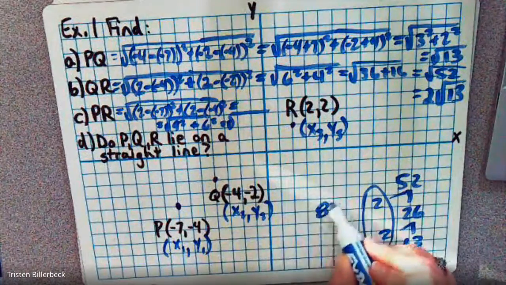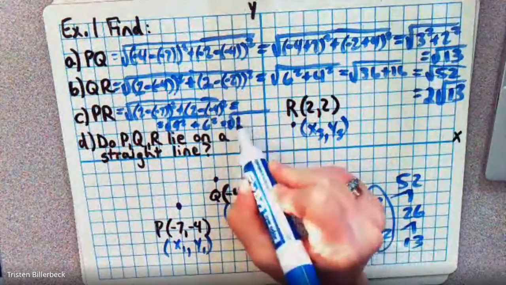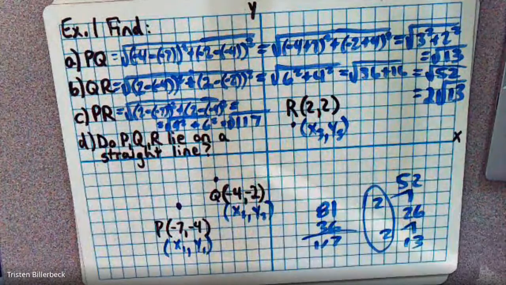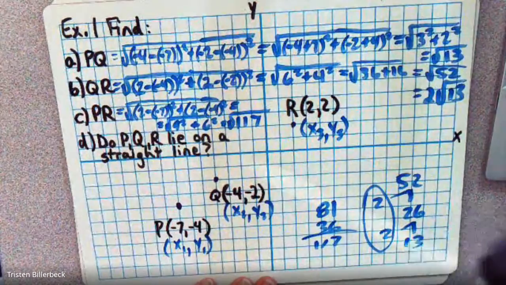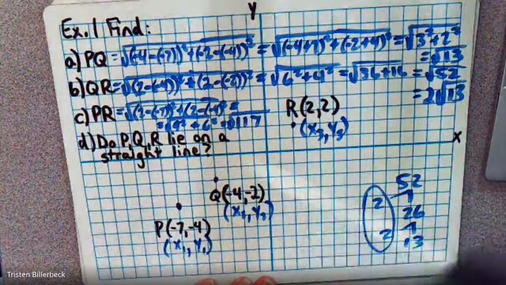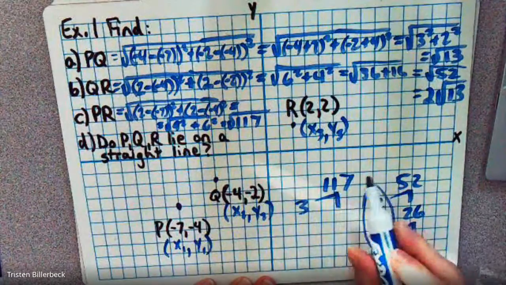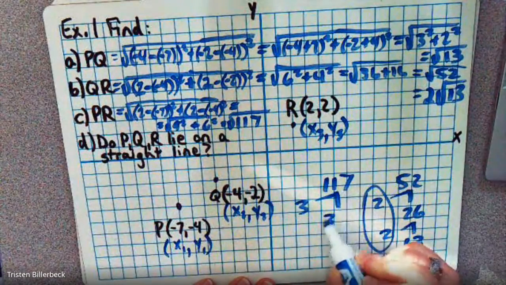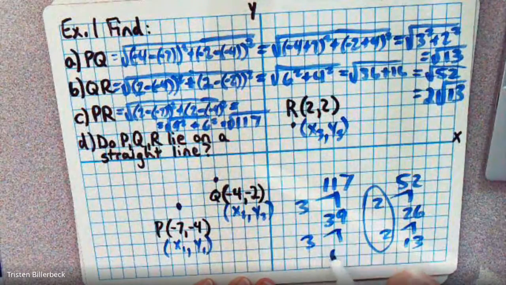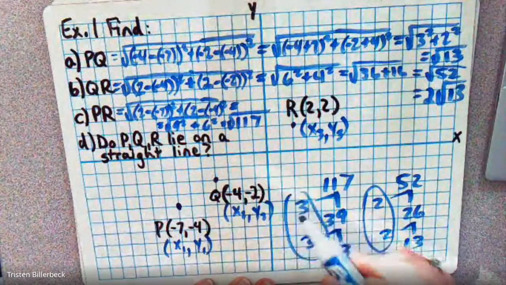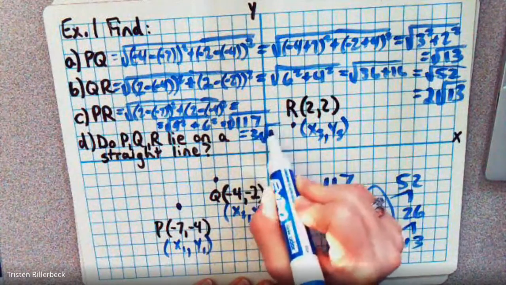So 81 and 36 gives me 117. Now I'm betting 117 can be reduced because 1 plus 1 plus 7 is reducible by 3. So let's take a 3 out, and that gives us 3, 9, and then I can take another 3 out, and that gives me 13. We have a 3 we can take out, so this becomes 3 square root 13.